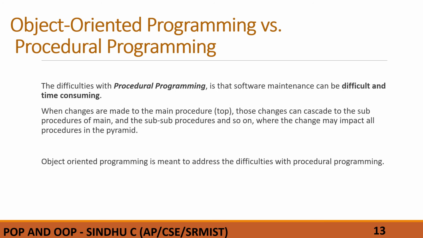And when changes are made to the main procedure, which is the main function, these changes should be reflected in the sub procedures as well. And if there are sub procedures in the sub procedures, again the change should be impacted there. Object oriented programming is meant to address all these kinds of difficulties which we generally face in procedural programming.